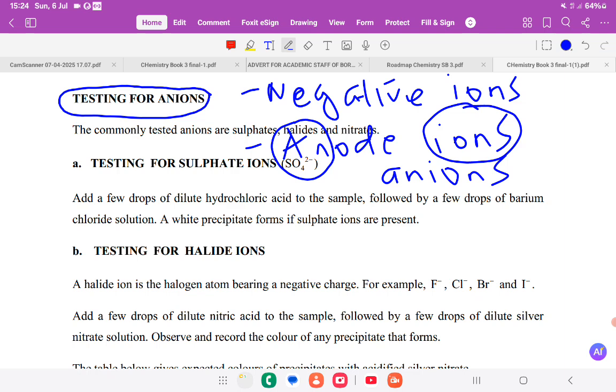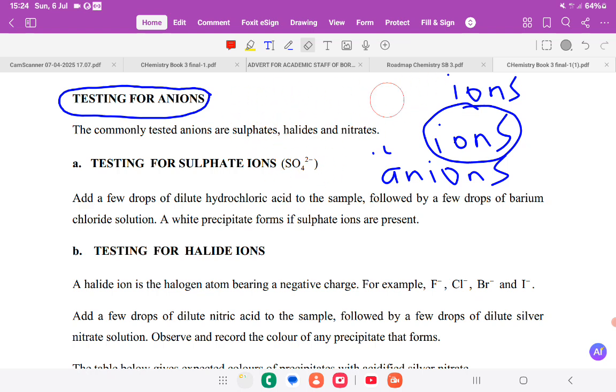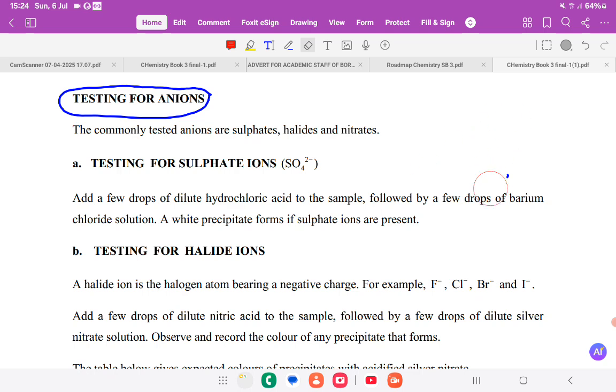All right, so these ions are commonly tested. The commonly tested anions at this level, at MSCE level, are sulfates, halides, and nitrates. Sulfates are basically SO4 2-.